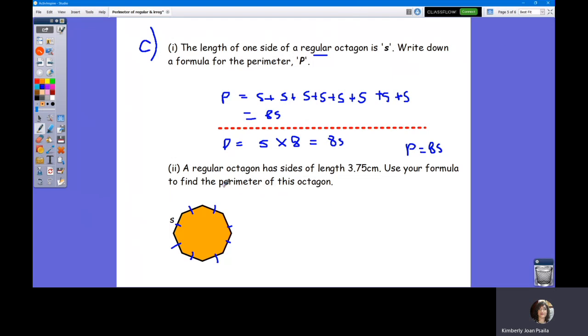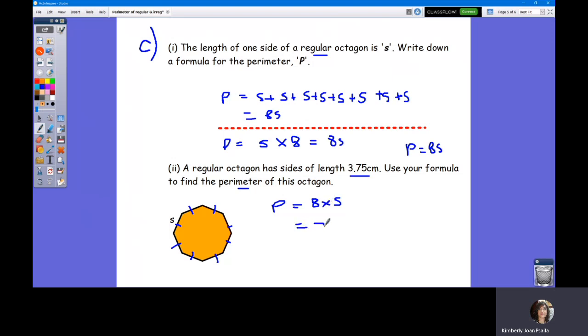Now, question 2: a regular octagon has sides of length 3.75. Use your formula to find the perimeter of this octagon. So we're going to use the previous formula we have found. So P is equal to 8S, and here we have a multiplication sign.